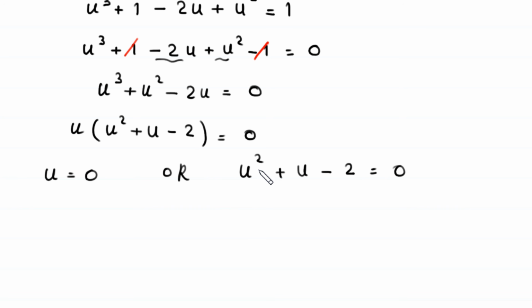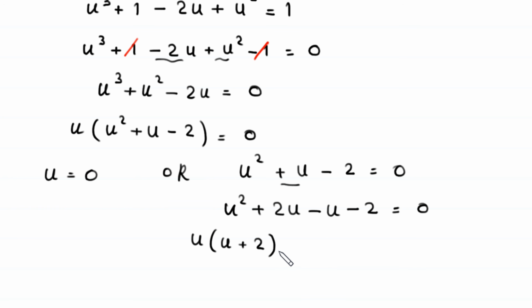We write u squared, and we break this plus u into two terms, plus 2 times u minus 1 times u, minus 2 equal to 0. From the first two terms we can factor out u, in bracket u plus 2, and from the last two terms we can factor out negative 1, in bracket u plus 2 equal to 0.